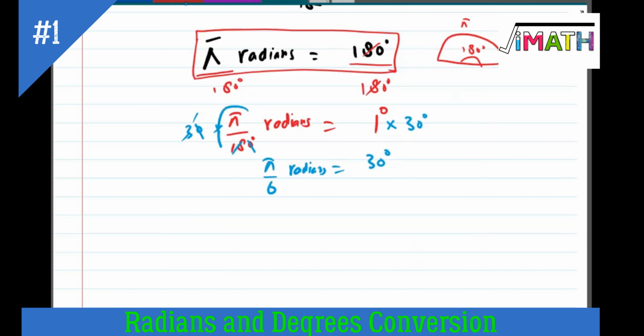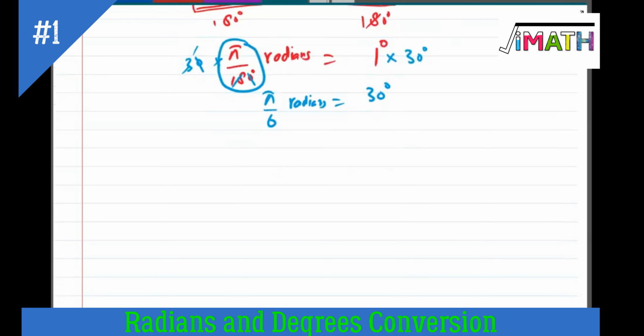Right? So now you know how you got this fraction here. And if you want to go the reverse way, again you write pi radians equals 180 degrees, but this time you want to convert radians to degrees. So you need to make 1 radian here. So you divide both sides by pi.